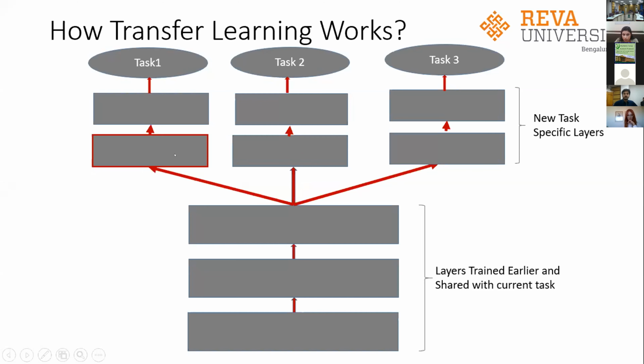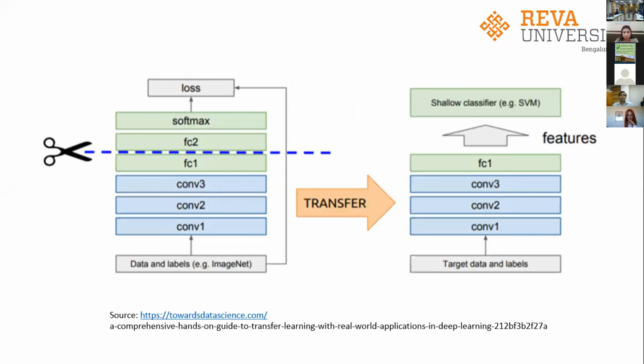Then this branch of your neural network is specifically doing the task that you are interested in. Similarly, this branch is specifically doing the task that you are interested in. It's solving your particular research problem, and at the same time, it's leveraging the work done by other researchers who have already trained these 3 layers of the overall network for you.